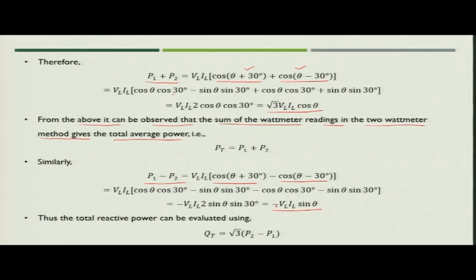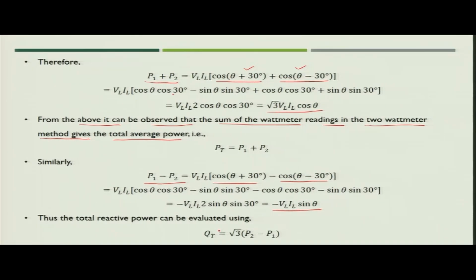Now, if you multiply by root 3 on both sides, the value on the right side is root 3 times VL IL sin theta, which is nothing but the total reactive power consumed by the 3 phase load.